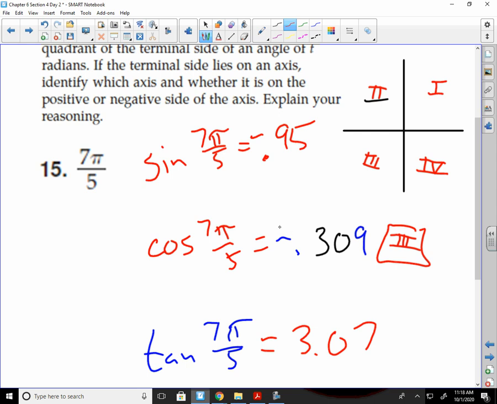What if cosine was positive and the sine was negative? It would have to be in quadrant 4 because all the x's are positive over here and all the y's are negative. If it's positive and positive, quadrant 1. If the cosine's negative and the sine is positive, it'd be in quadrant 2.